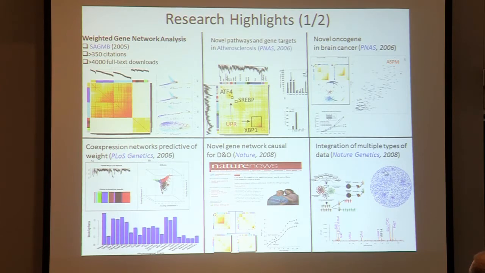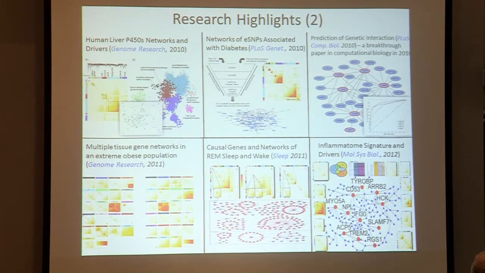Then in 2008, we started to formally integrate multiple types of information for Bayesian network construction.